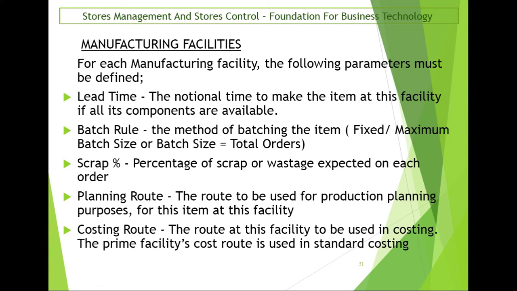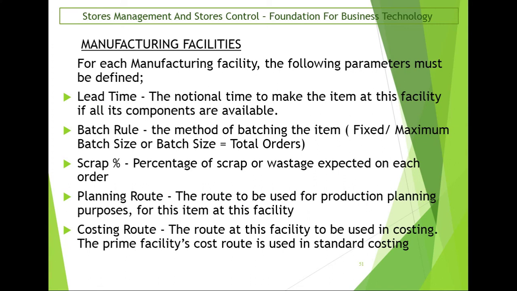It could be 1 in 1,000, it could be 1 in 5,000. You will know from your history data that this particular facility has got a 0.1% scrap, or another facility has 1% scrap or 5% scrap, but that is normally obtained from historical data.